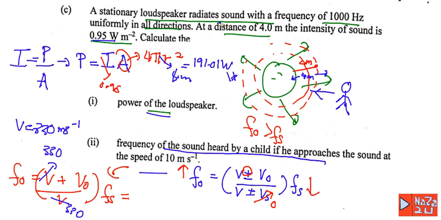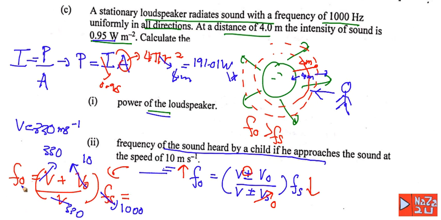The frequency radiated from the loudspeaker is 1000 hertz. Okay, and the speed of the child approaching the source is 10 meter per second, the value given by the question.